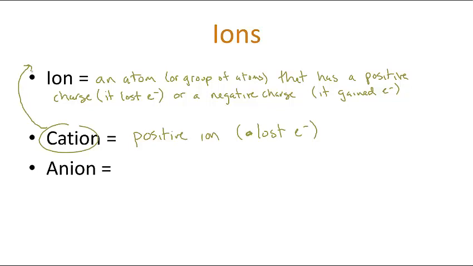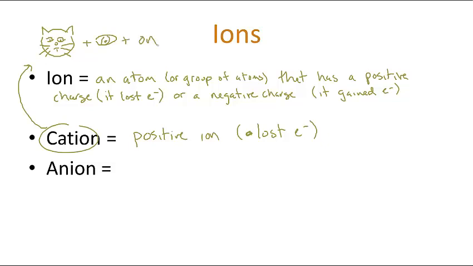This is a cat. Let's see, how should I draw this? All right, that's my wonderful cat, although those eyes are creepy. And then here's the ion. So it's pronounced cat-ion.